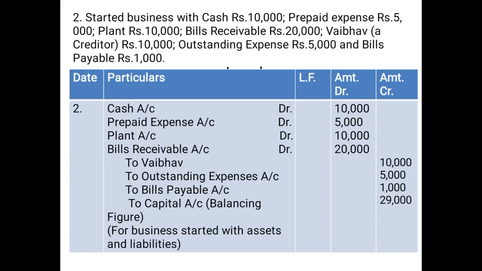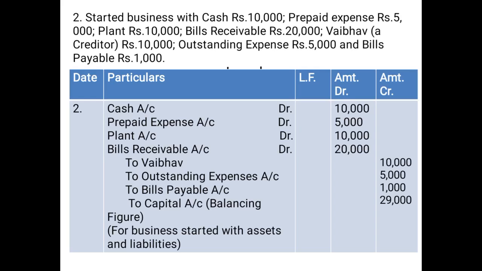We have debited cash account 10,000, prepaid expense account 5,000, plant account 10,000, bills receivable account 20,000, and we have also credited all the liabilities: to VAB 10,000. VAB is a creditor, a creditor is a liability. Therefore we are crediting it, but we have not suffixed the word account because VAB is a human being. To outstanding expenses 5,000, to bills payable account 1,000.